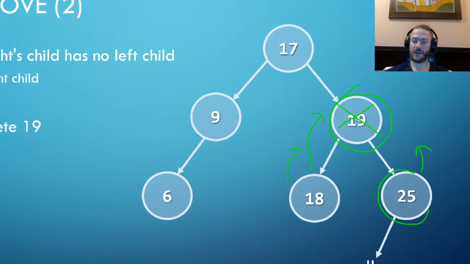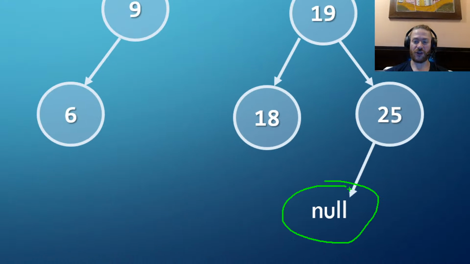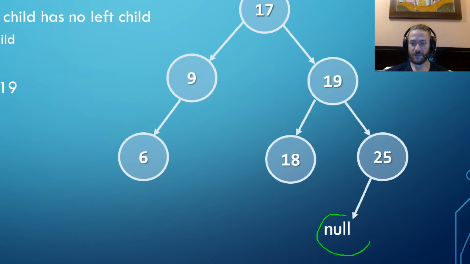Then, do we want to promote 25? Will 25 be okay? Yes, it will be okay, but only if it doesn't have a child here. Because if it had, for example, let's say 21, what will happen if we remove 19 and want to promote 25 here?